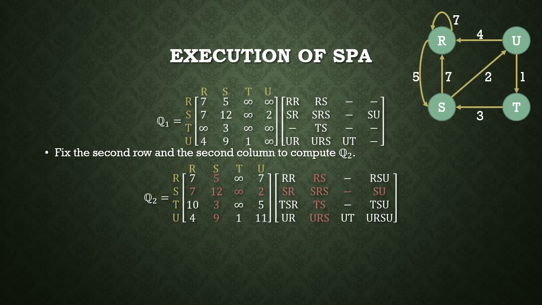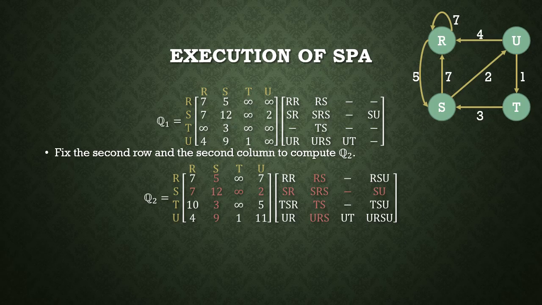Come to the row for U. Look at the UR entry. The old value is 4. The intersection values are 7 and 9, which will give 16. But 4 is smaller, so we opt for the old value.